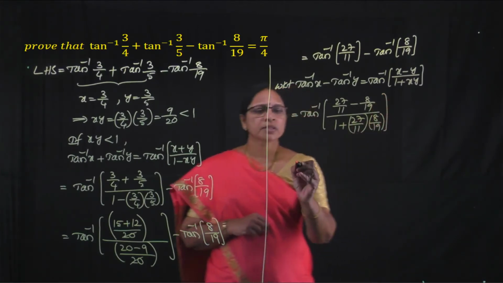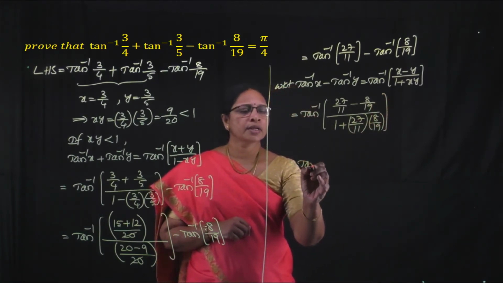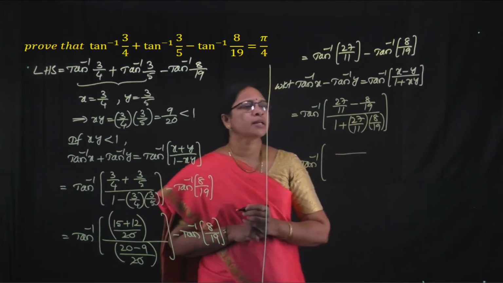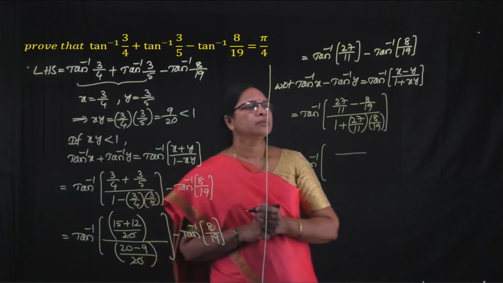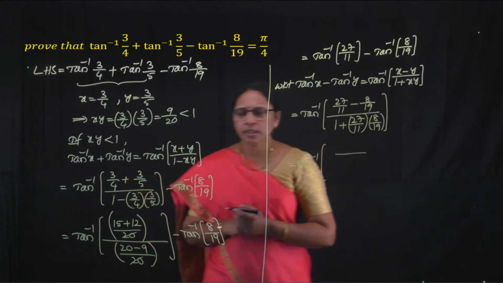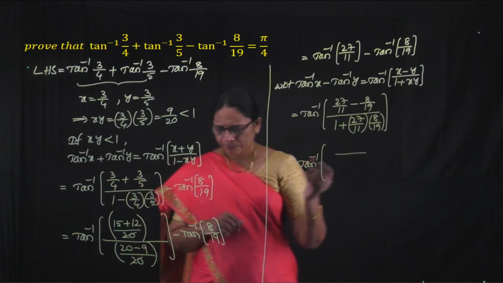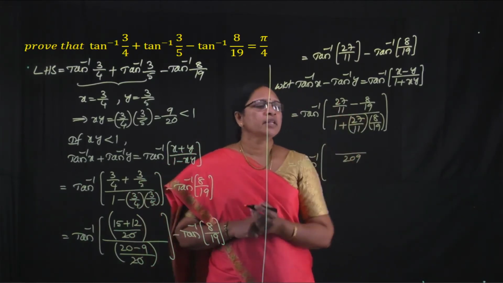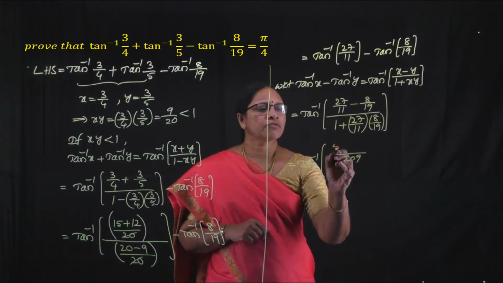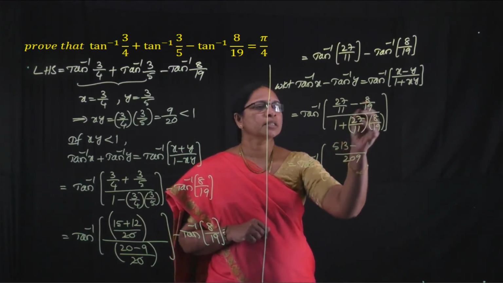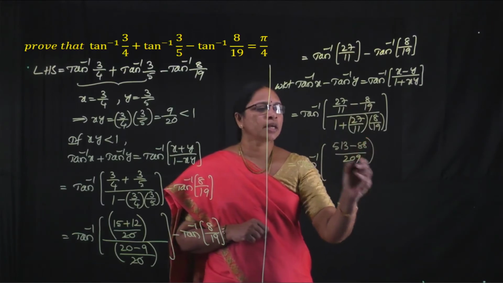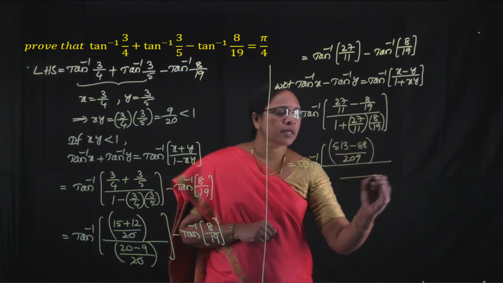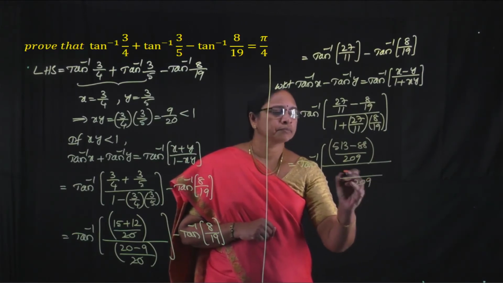Take LCMs in the numerator and denominator. Tan inverse of, LCM in the numerator is 11 into 19, that is 209. Here 27 into 19, that is 513, minus 8 into 11, 88, whole divided by. LCM in the denominator is 209.